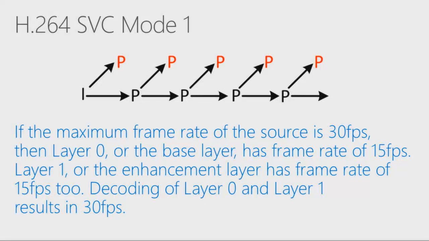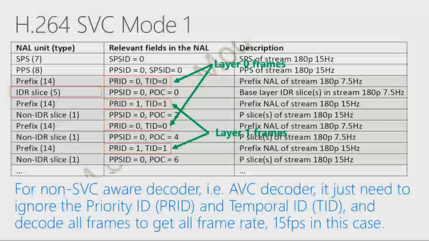So what happens if my codec does not understand SVC, okay? Since SVC is also part of the AVC spec, it actually allows you to do that. If you have an endpoint that doesn't understand SVC at all, it doesn't know what these layers are, right? So it still allows you to do that. Let's take a look at this one, right? This one is a bit stream structure for 15 frames per second, 180p. So you can see that in here you have an I-frame, okay?